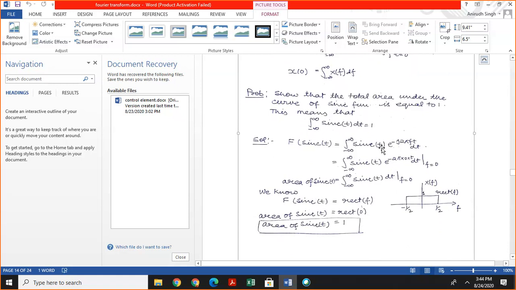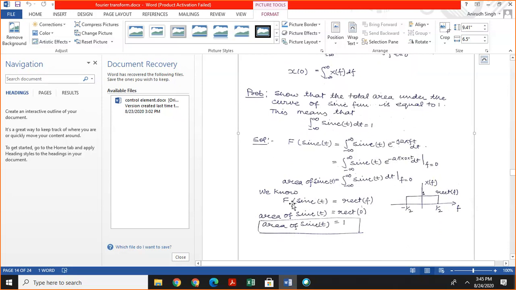We can multiply this function by exponential minus j 2 pi f t when f is equal to 0, because this term is equal to 1, and the area of the sinc function is given by this.